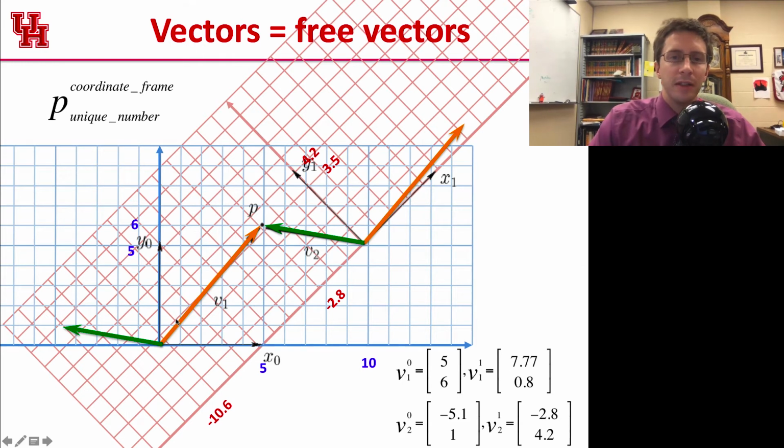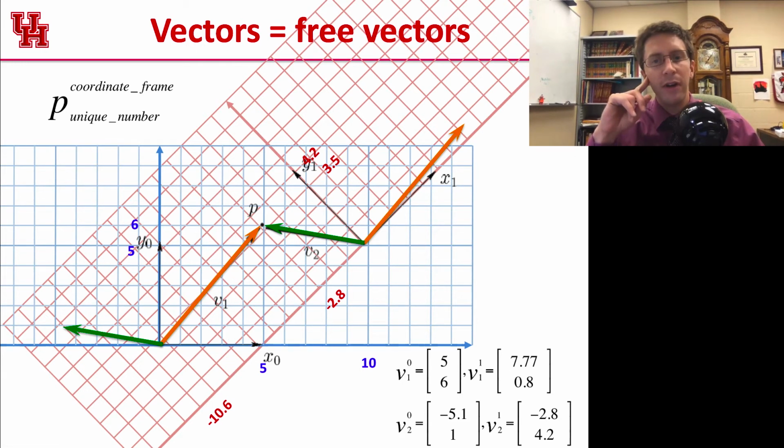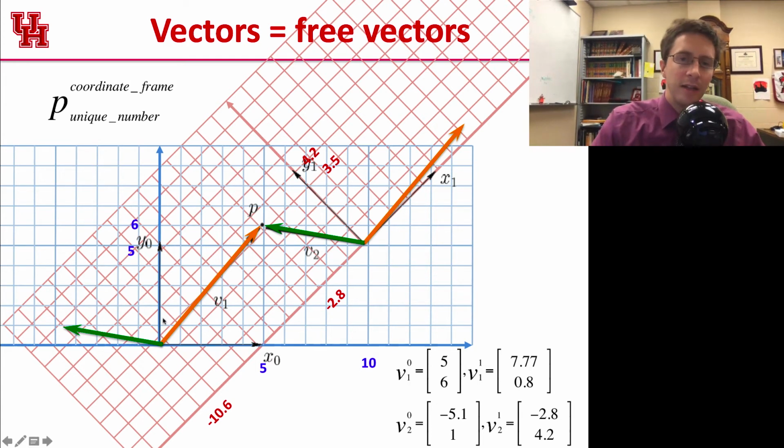Now we can also do the same thing with our vectors. However, vectors are free vectors, meaning that you can slide them around. And so I can take this vector v1, and if I want to know what it is in frame 1, I have to slide it over to the origin over here. So if we're talking about v1, v1 is this orange line, and I want to know what it is in frame 0, well, that's just the location of P. That's 5, 6.